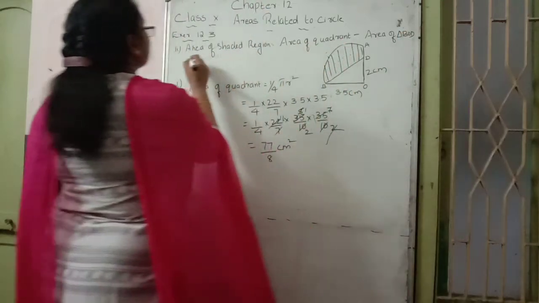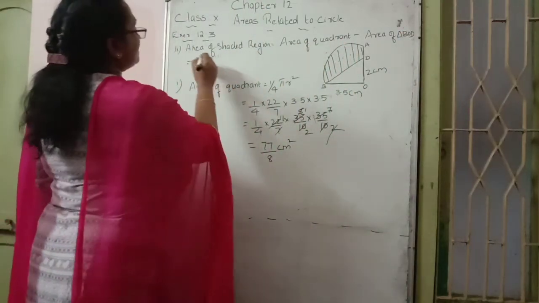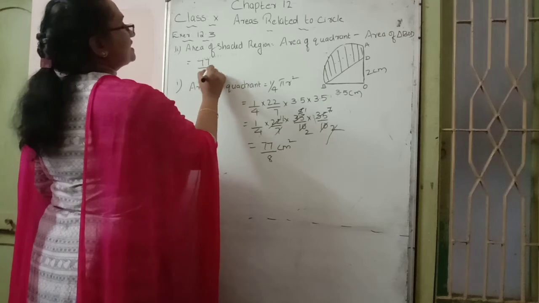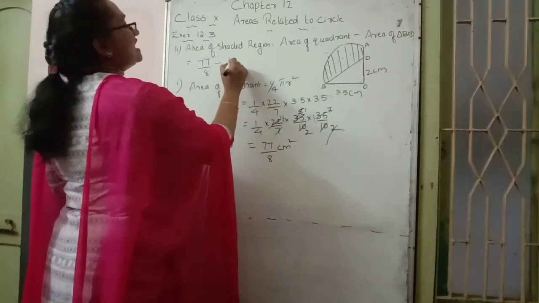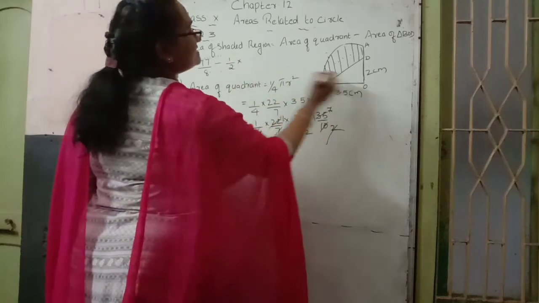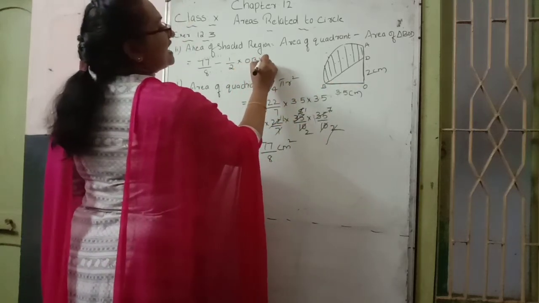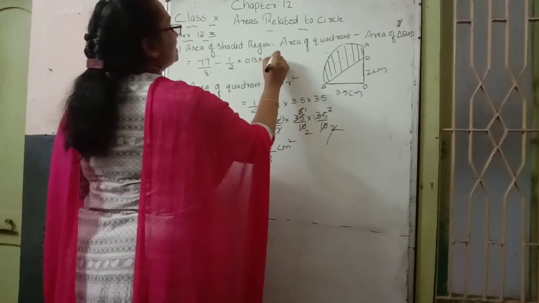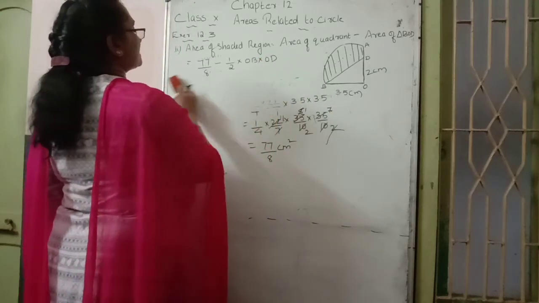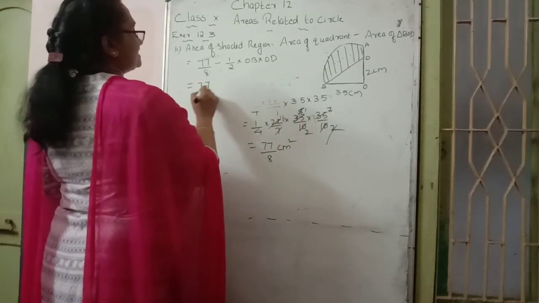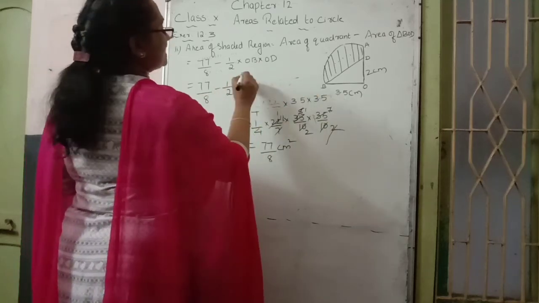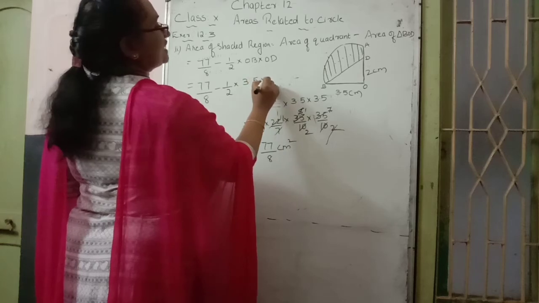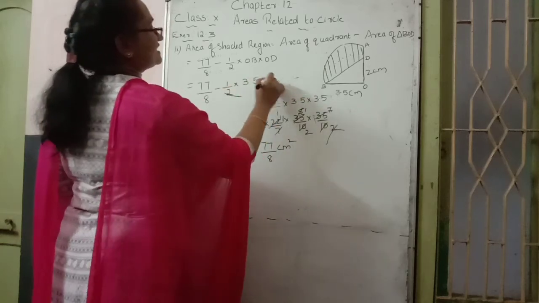BOD triangle. What area of quadrant did we get? 77 by 8, minus. What is the formula for finding the area of a triangle? Half into base, base represented as OB, height represented as OD. Just substitute the values and do the calculation. 77 by 8 minus half into OB part represented as 3.5 into OD part represented as 2.